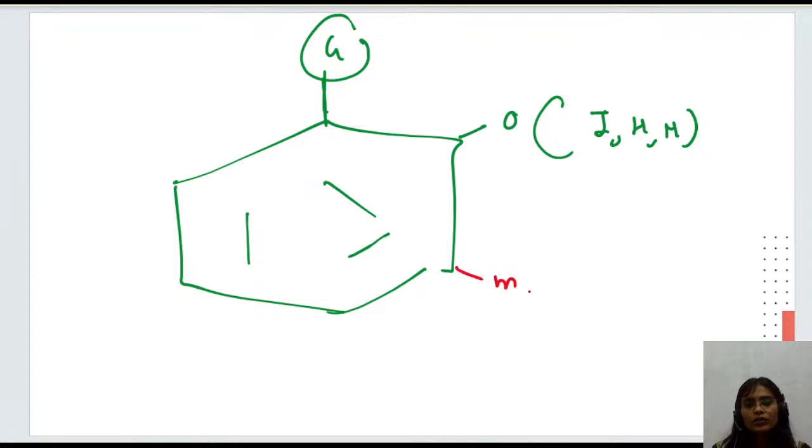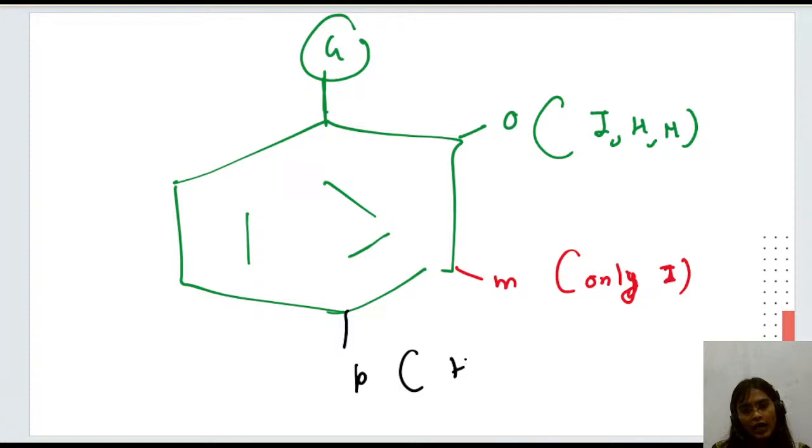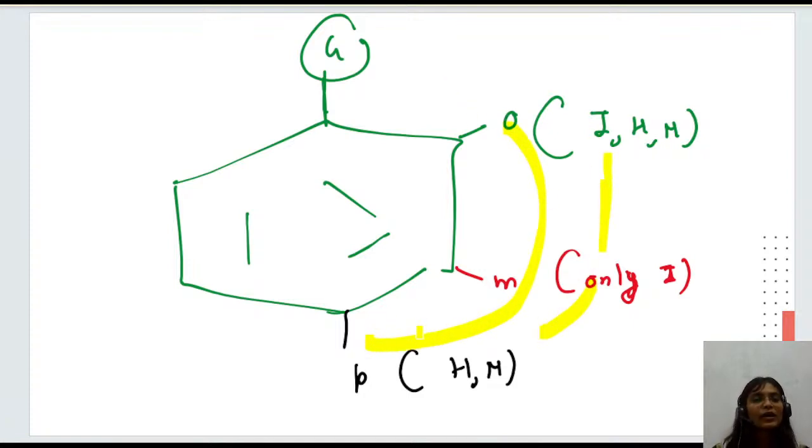At meta position, only inductive effect, no hyperconjugation or mesomeric. On the other hand, at para, hyperconjugation or mesomeric can work. So moving from ortho to meta to para, inductive effects start decreasing.